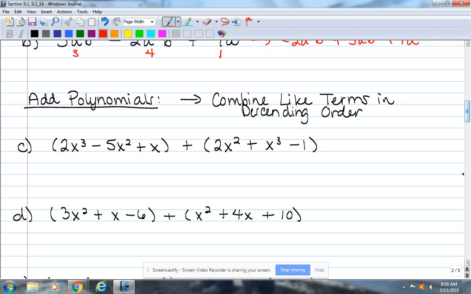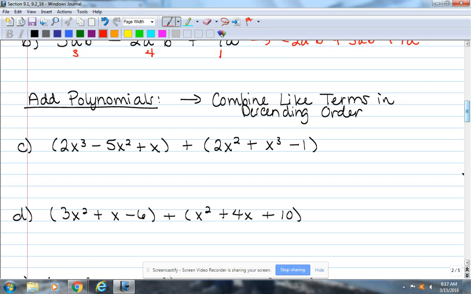Now, if you're just adding, don't make it hard on yourself. If you're just adding, all you're going to do is combine your like terms in decreasing order or descending order. Okay? So what is a like term? By definition, what is a like term? If they have different exponents, are they like terms?